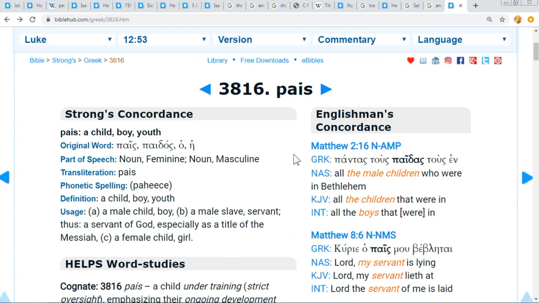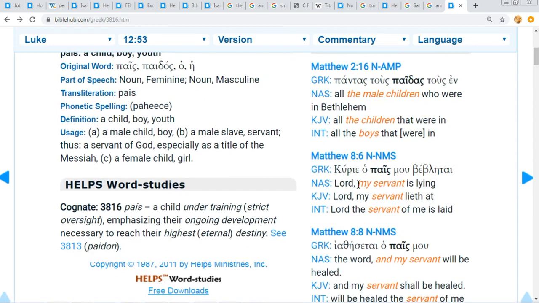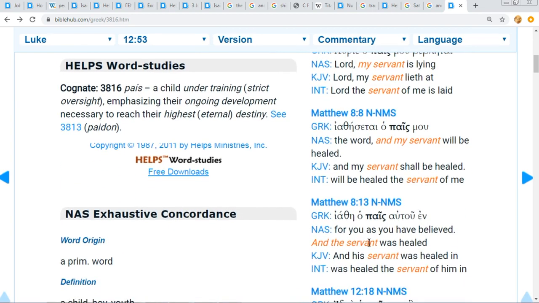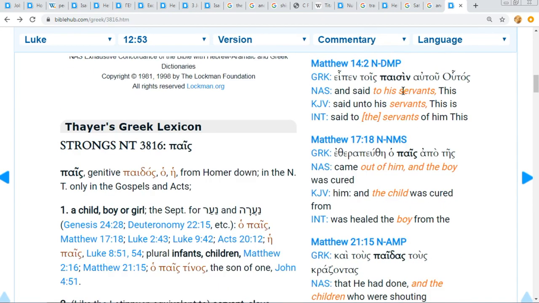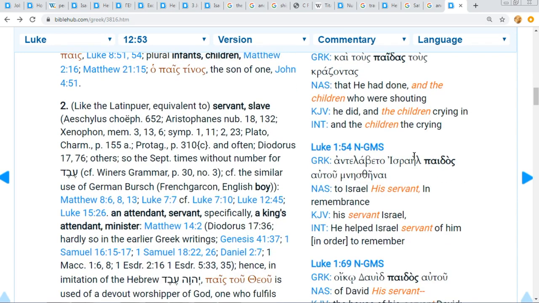So it won't let us search the Old Testament and this Greek, but we could search the New Testament. We see the paid as the male children, the boys, the pays, servant, the pays in is the servant, pays a child, boy, the pedos is servant, pedos.